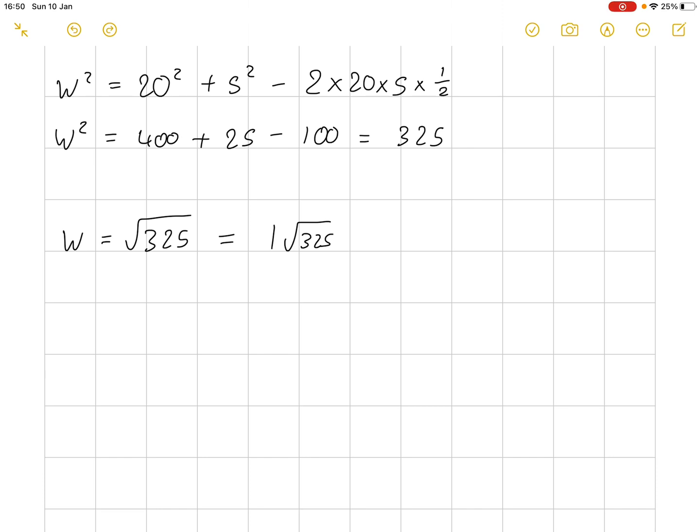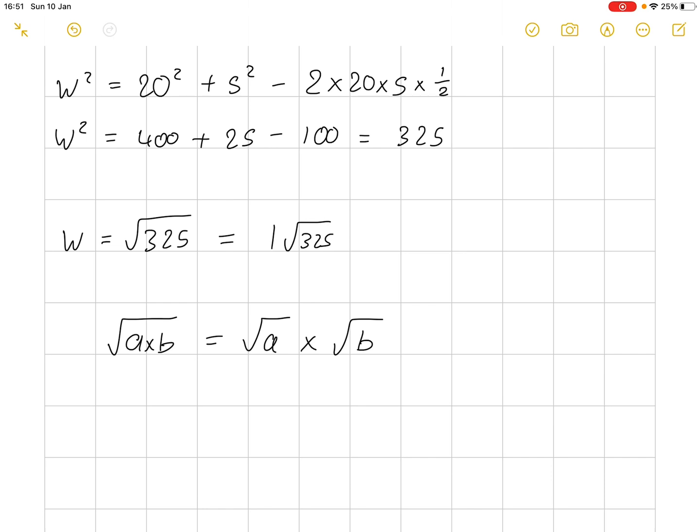So let's think about, when we do surds, we know that we can rewrite surds like this. If we have the square root of a times b, this is equal to the square root of a times the square root of b.